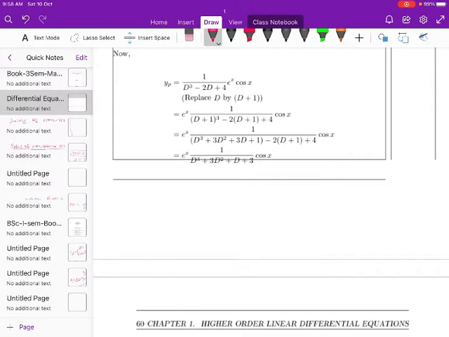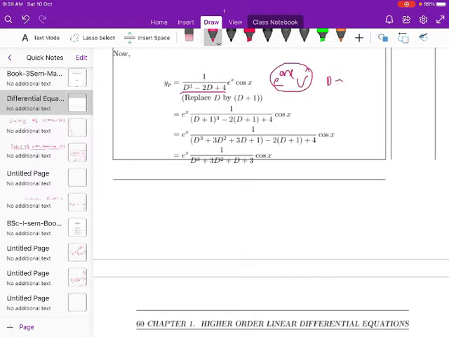Now we'll move to yp. yp is equal to 1 by (d cube minus 2d plus 4) into e power x cos x. Here e power x cos x is the product of two functions, of the form e power ax into v, where v is cos x.